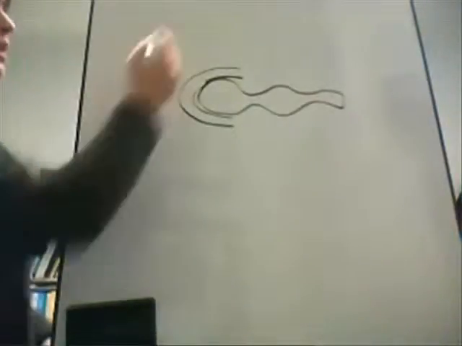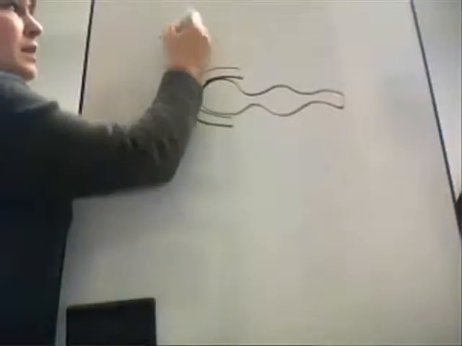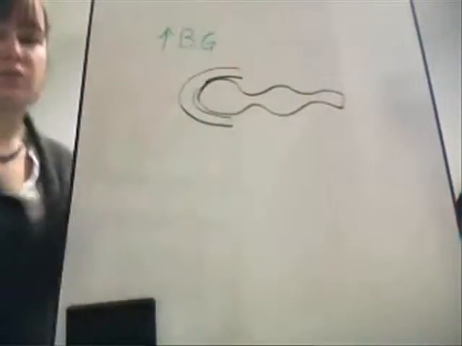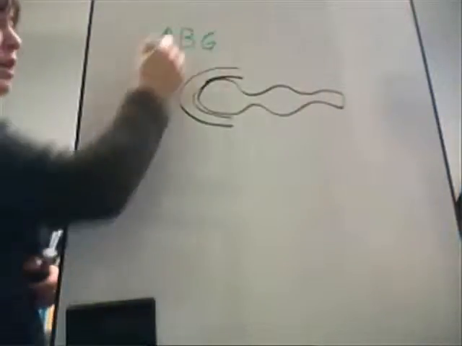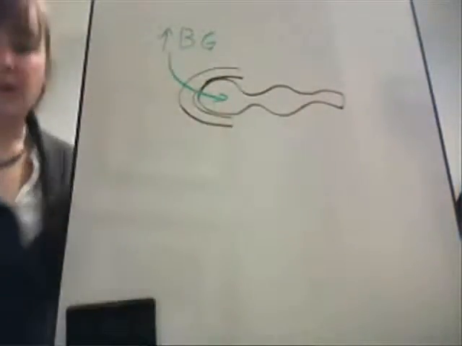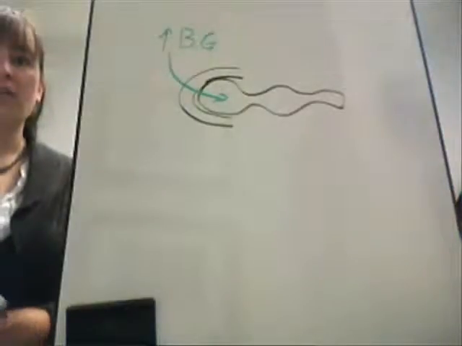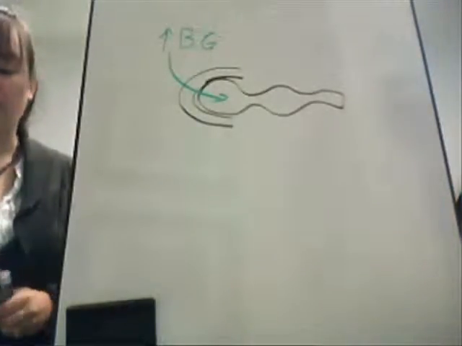So, for example, if I have elevations in blood glucose, so BG stands for blood glucose, those elevations in blood glucose will be having effect on the pancreas, and the pancreas is going to do a couple of things.